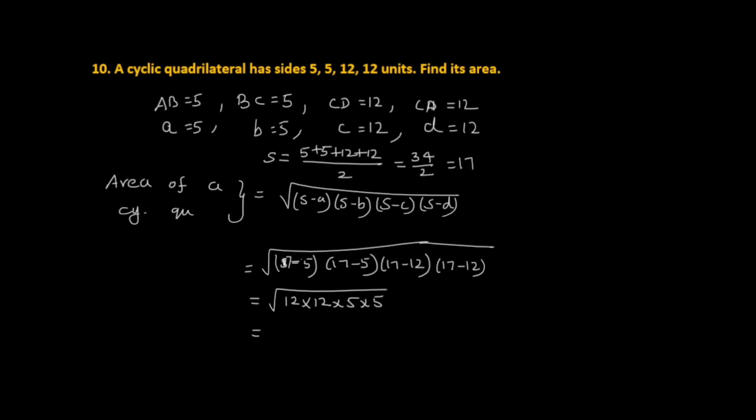When two 12s are there, out of the square root we can take one 12, and for the two 5s, one 5. So 12 into 5 square units. So 12 fives are 60 square units. So the area is nothing but 60 square units.